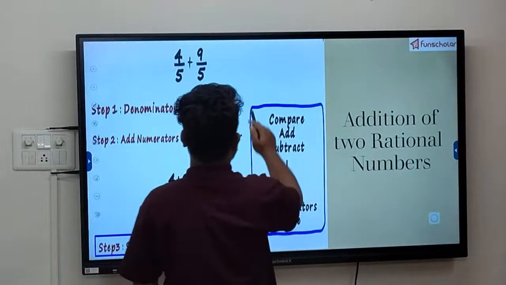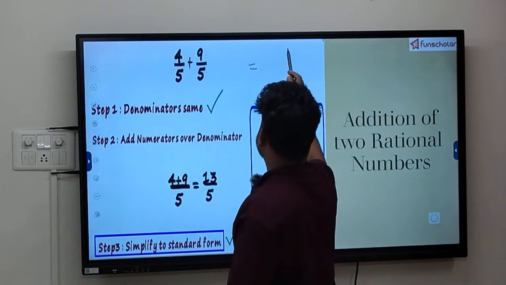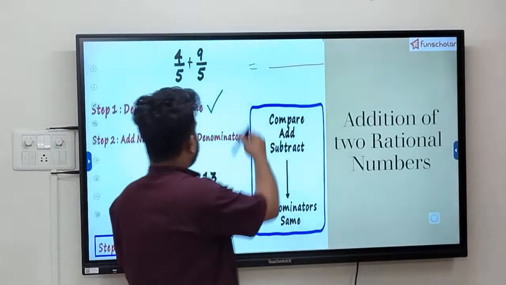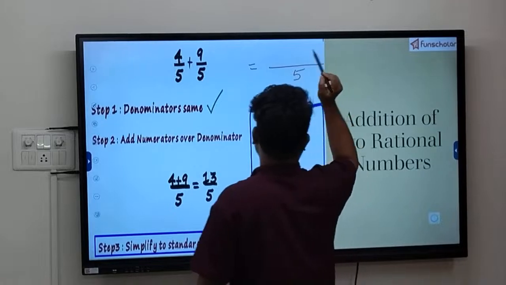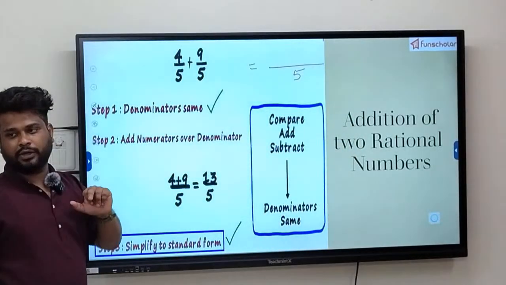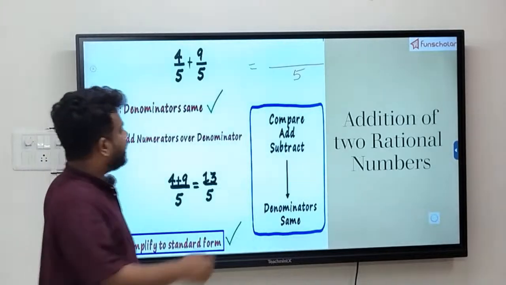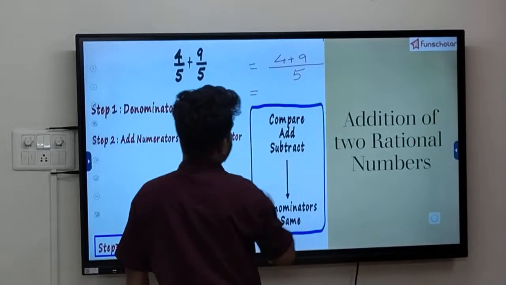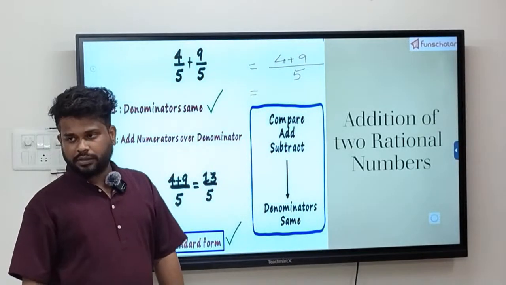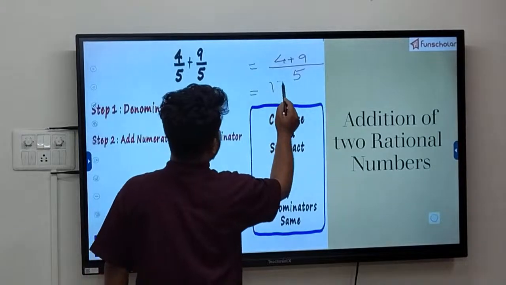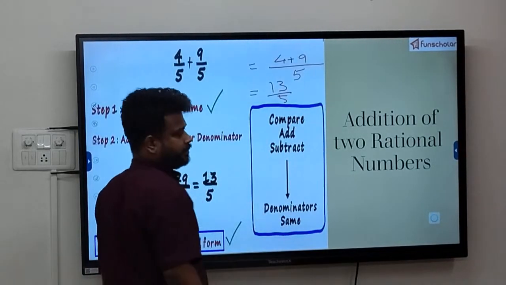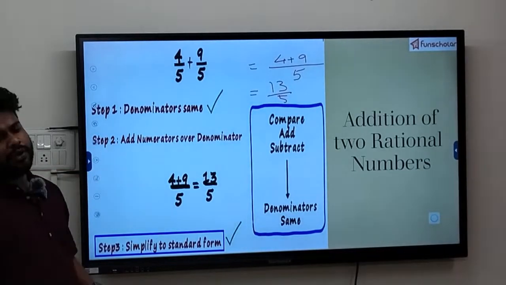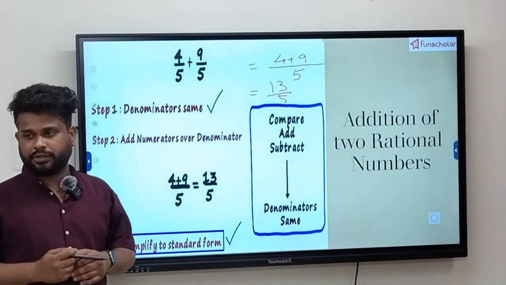When the denominator is the same, we draw a line, put the common denominator below, and add the two numbers above: 9 plus 4 is 13, and below there will be 5. Very simple. We will follow the same process for subtraction also.